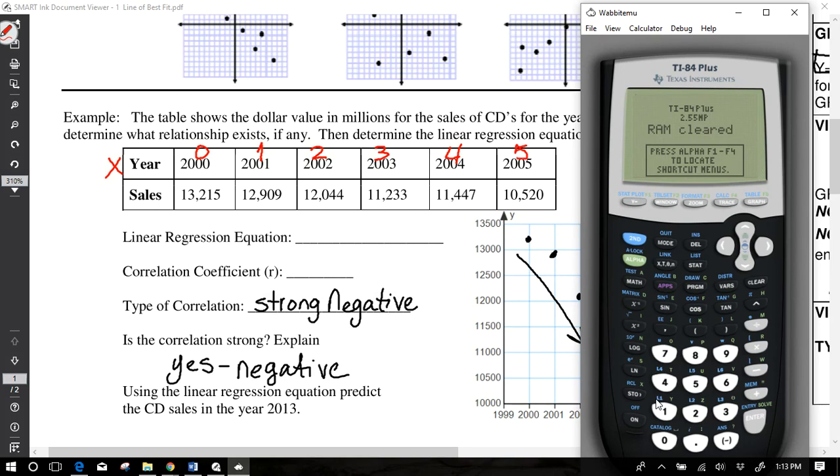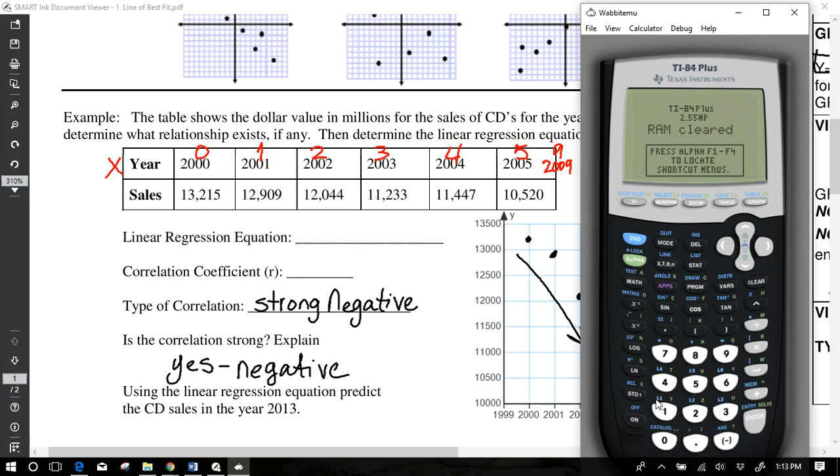And if the next year on my table, let's say it's 2009, I wouldn't put a 6 for that. I would say, how many years has it been since 2000? And the answer would be 9. So I would put a 9 for that point. So just be aware of the fact that the years might not go in numerical order.